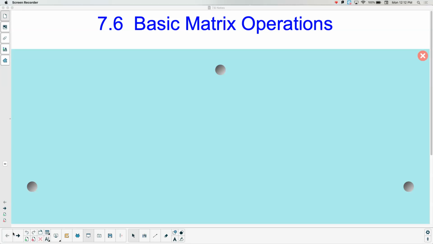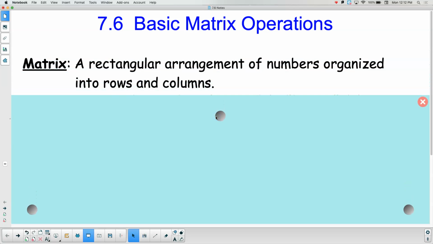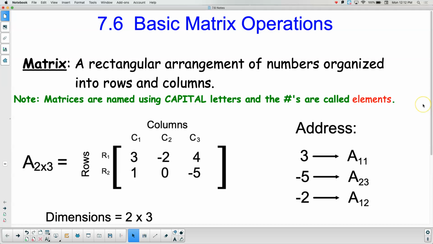Well anyways, a matrix is a rectangular arrangement of numbers organized into rows and columns. Matrices are named with capital letters, and the individual numbers are called elements.